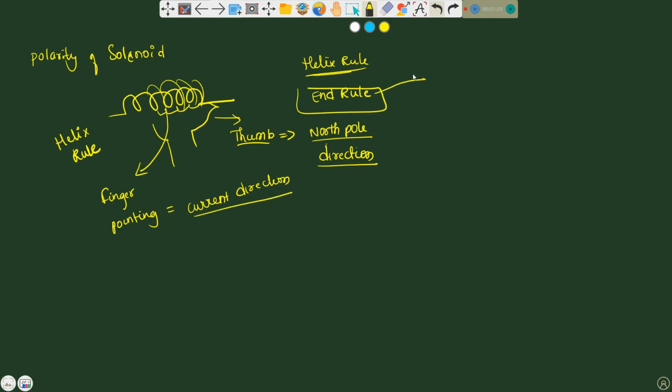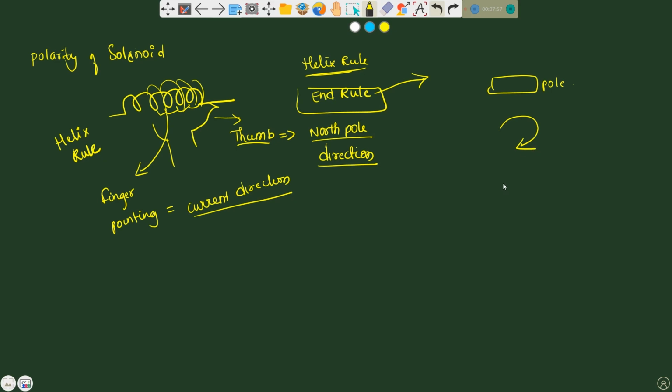Now we talk about the end rule. The end rule says that if you look at one end of the solenoid and the current direction is clockwise, then that pole is south.